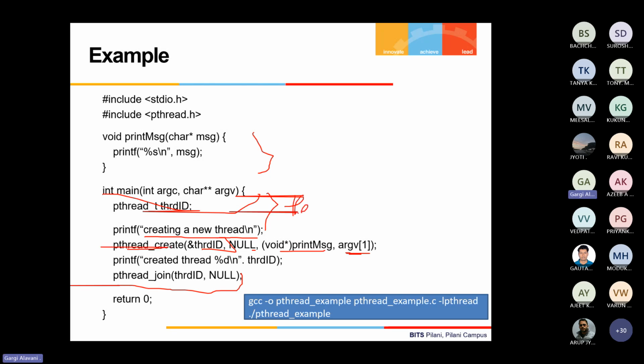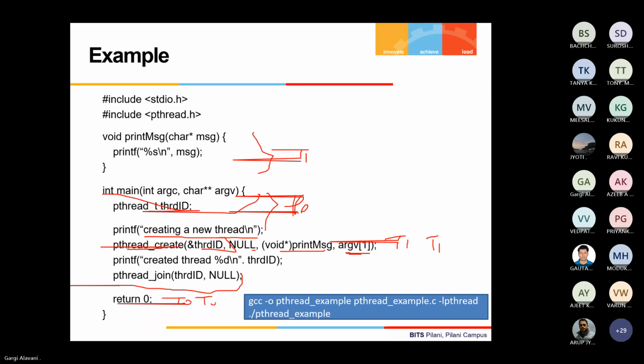Here you created a new thread. This becomes T1. T1 will execute the print message. Now it will join. So T1 then joins T0 and now return will be executed by T0.